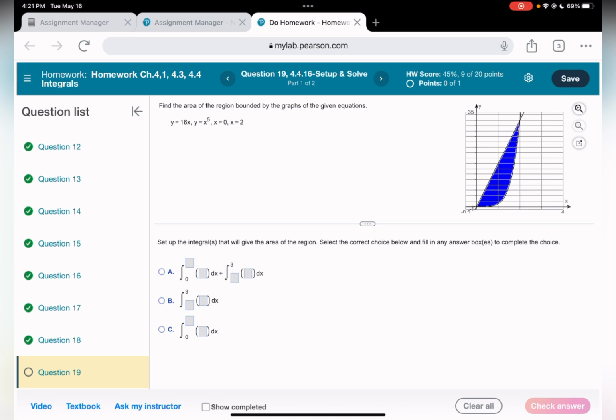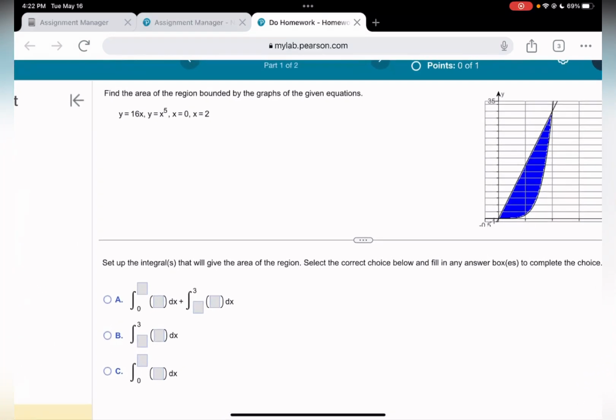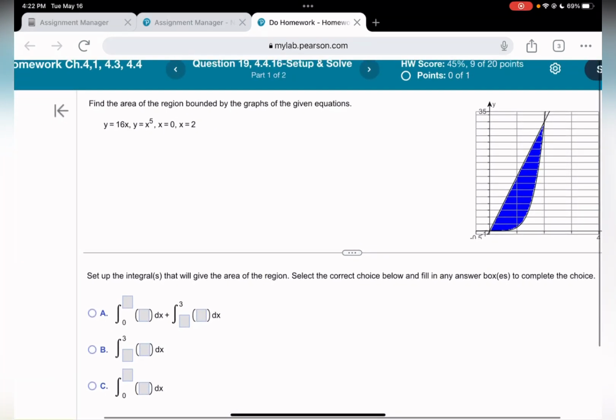So, next, what are we going to do in this case? We are given area that is bounded with 2 graphs. One is linear, one is parabola. And we have x to power 5 and we have 16x.